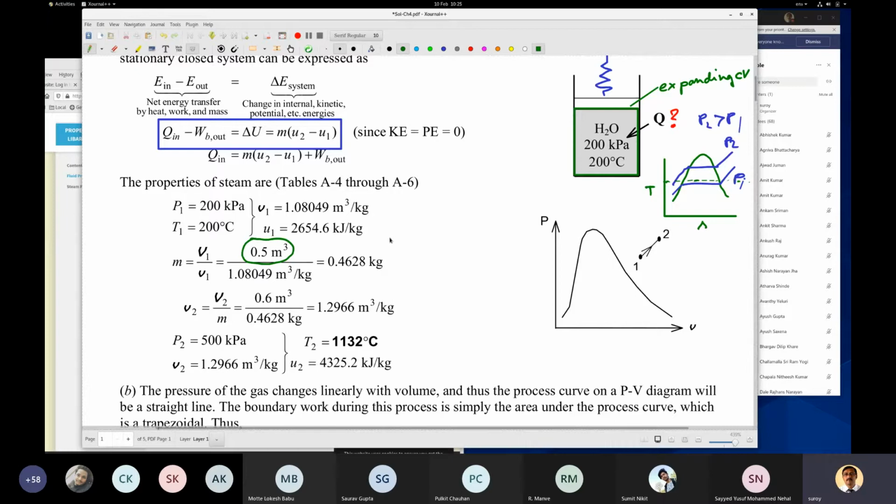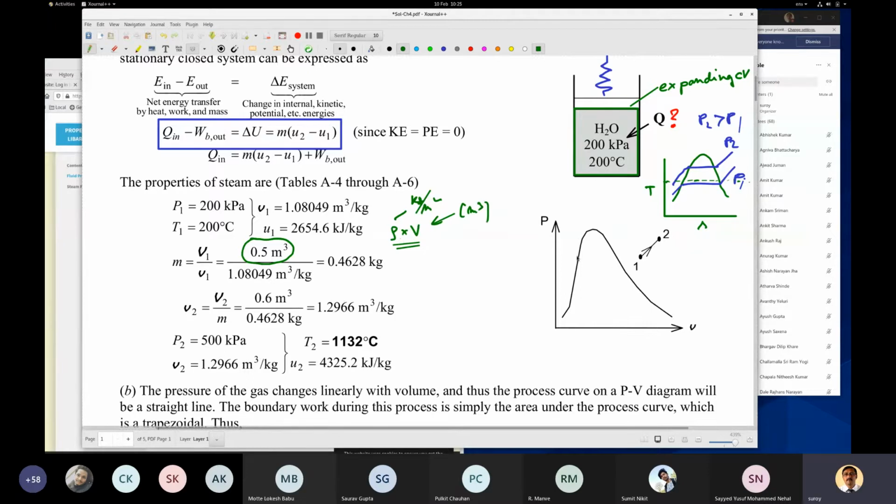So the mass is rho into volume, where rho is in kgs per meter cube and volume is in meter cube.